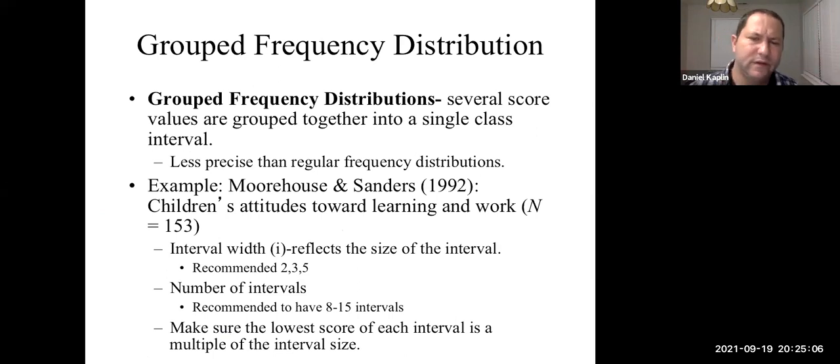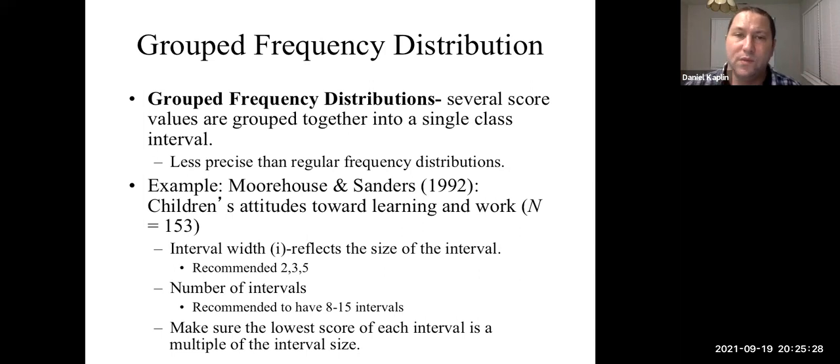Now, sometimes we have larger data sets and we may not use individual scores. There's something called a grouped frequency distribution. And when we do a grouped frequency distribution, we're taking multiple scores and putting them into the same class, right? Into a single interval.